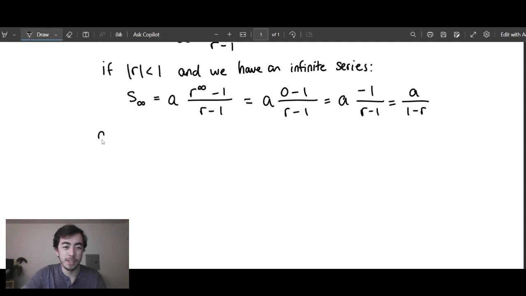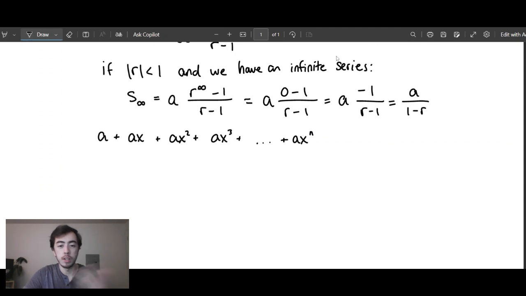Basically, what I've just shown is that a plus ax squared plus ax cubed plus etc. plus ax to the n, and here we can assume n is infinity because we have an infinite sum, is just a over 1 minus r. Oh, 1 minus x. There we go.